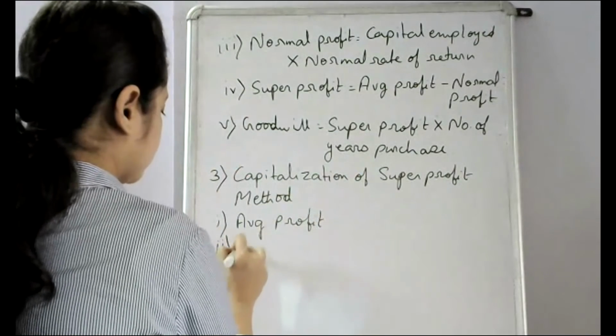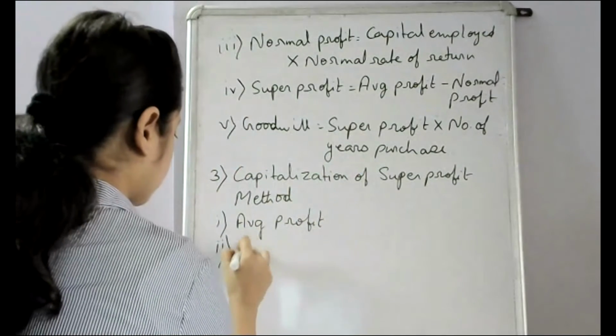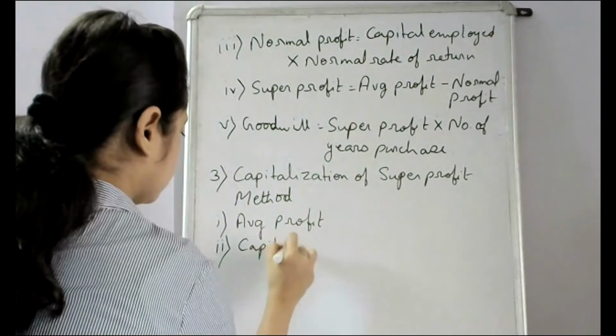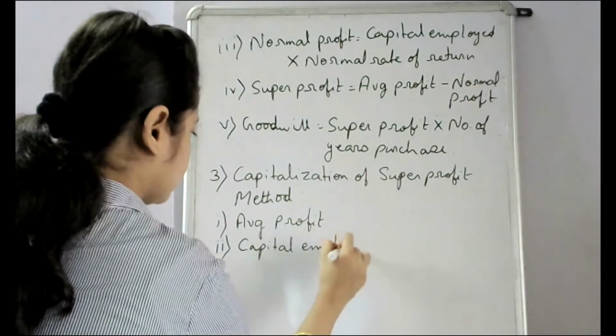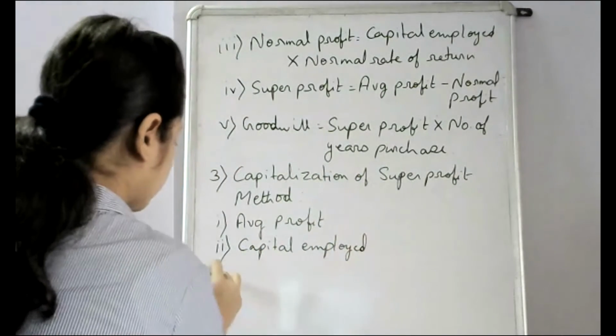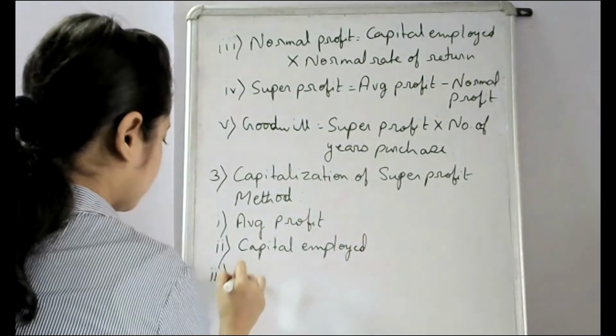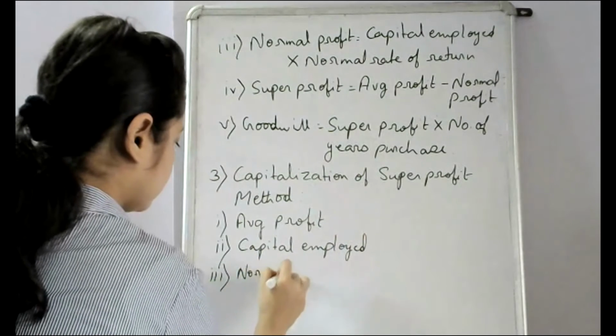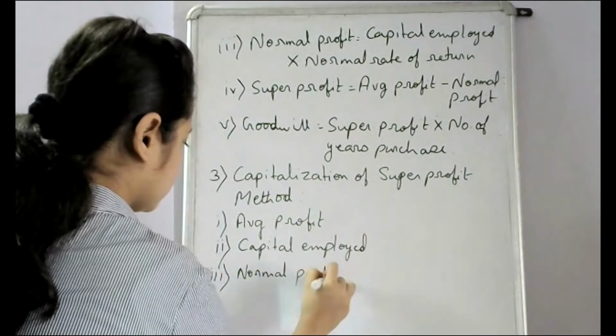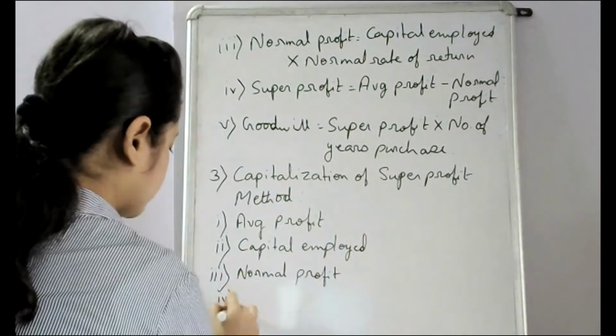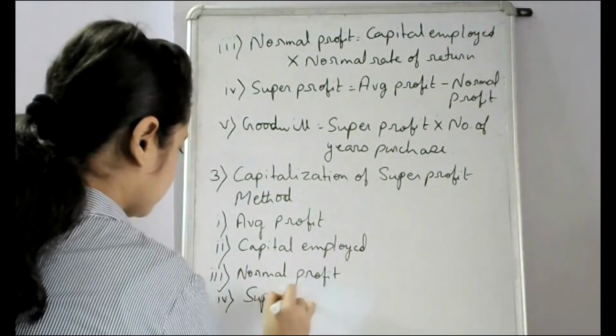Step 2 is capital employed. Step 3 is normal profit. Step 4 is super profit.